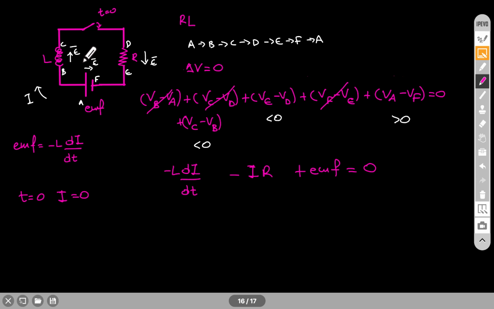It will take some time for the current to approach zero in an RL circuit. That's because the inductor is trying to oppose the change. Now, how much time is that? Again, that depends on the time constant. If you know the resistance and you know the inductance, calculate the L over R fraction, and that will tell you how much time you need to wait for the current to drop significantly.